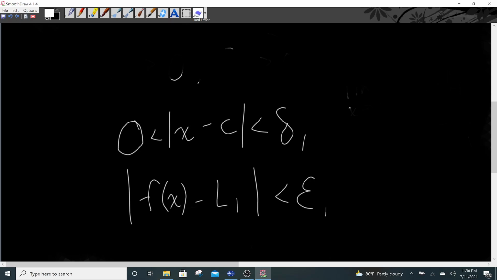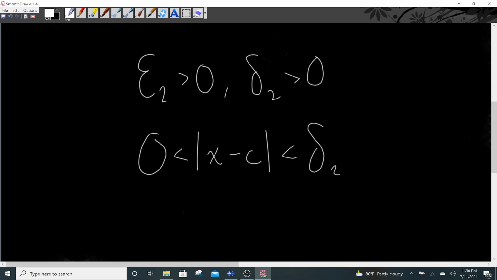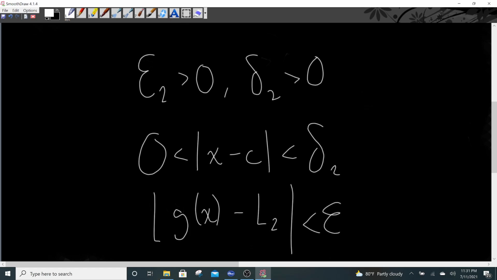not the inverse, but the complementary function g of x follows the same rule. We can say that for some arbitrary epsilon 2 that is greater than 0, that necessitates a delta 2 that is also greater than 0, and then there's the same expressions: 0 is less than the absolute value of x minus c, which is less than delta 2, and the absolute value of g of x minus L2, our second limit, is less than epsilon 2.